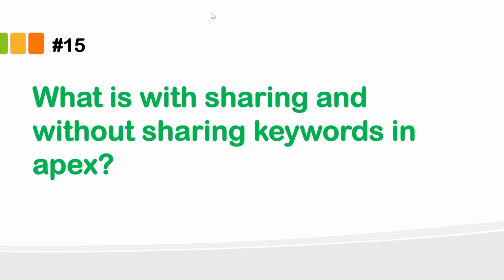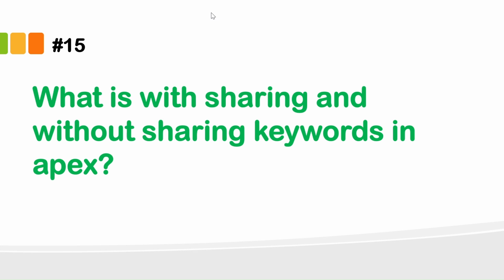Let's jump on to the next question. What are the with sharing and without sharing keywords in Apex? Answer is, if we declare a class as with sharing, then that class will run in user context. That means the sharing rules and access that the user has will be enforced on the class, and the class will perform the operation based on the access that user has.